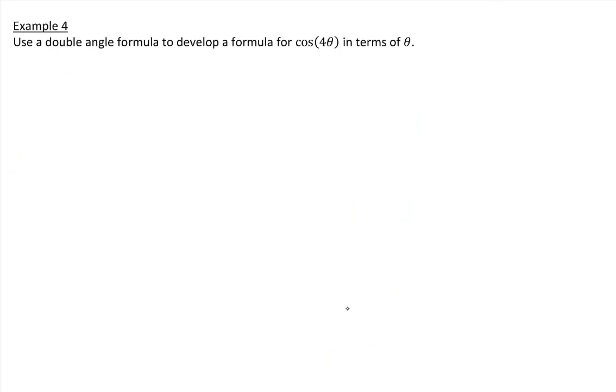And last, we're going to use a double angle formula, or 2, to develop a formula for cosine 4 theta in terms of theta. And there's many ways to do this. One way to determine cosine 4 theta is to rewrite it as cosine of 2 theta plus 2 theta. So that is 2 thetas.